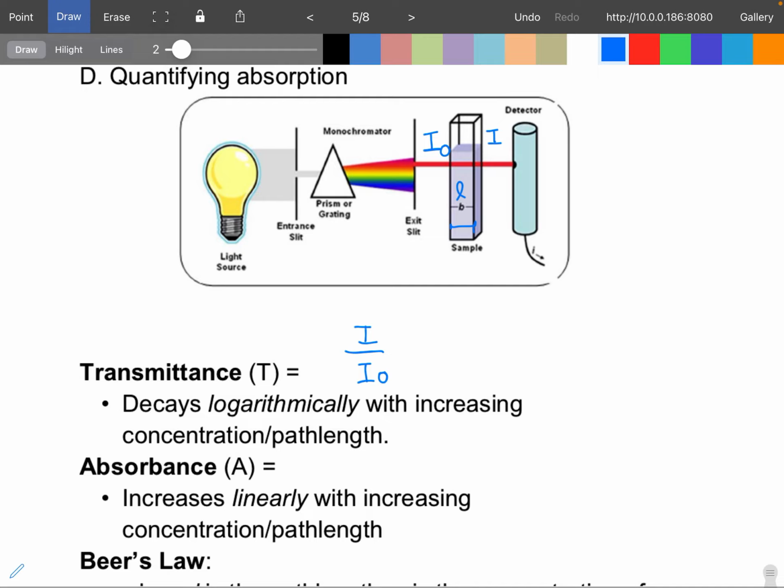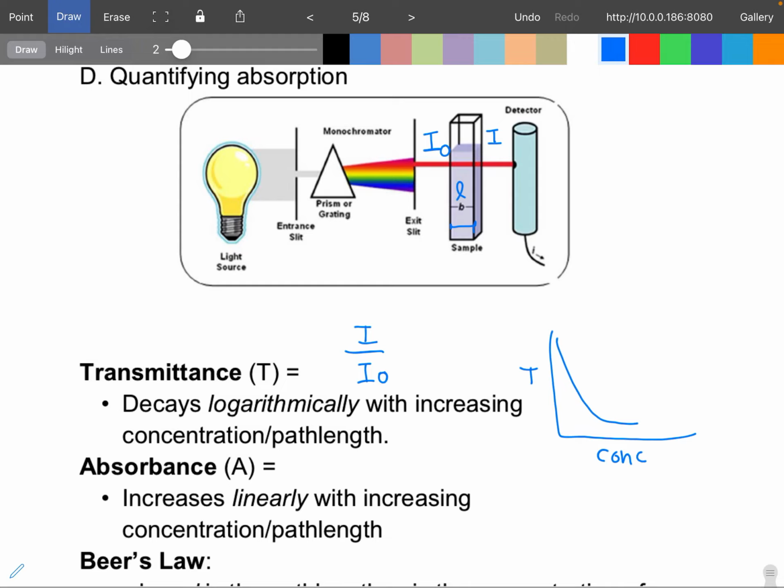The issue there is that it decays logarithmically with increasing length. So if we plot that transmittance value as a function of concentration or path length, basically how many molecules the light is going to encounter, it is not linear. It has a logarithmic kind of decay, and that is difficult to deal with in a laboratory. So absorbance is way more common.